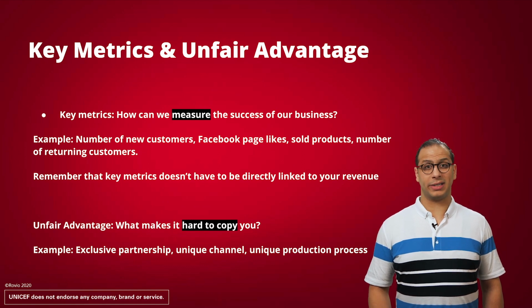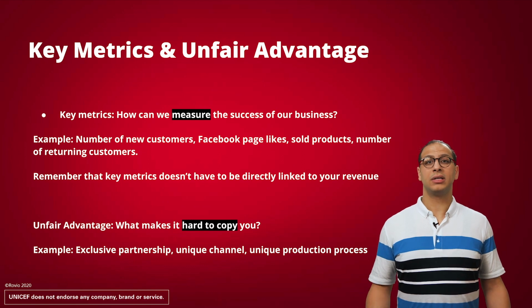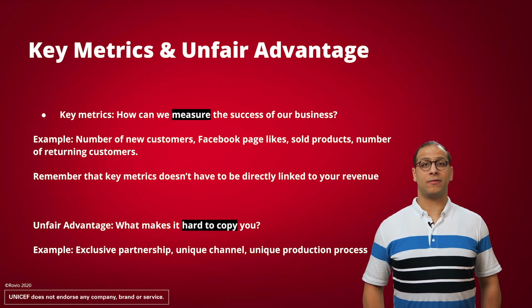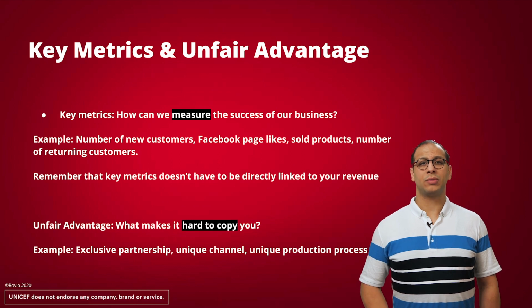We are then left with one challenge. What if someone else makes exactly the same idea we are making? Same hairdresser or same baking shop just right next to us. That's why we need to have a final brick in our business plan, and that's called the unfair advantage. Simply, it's what makes it hard to copy our business.